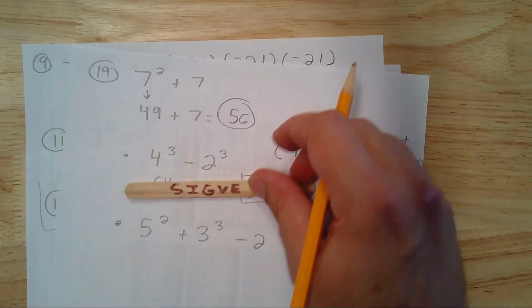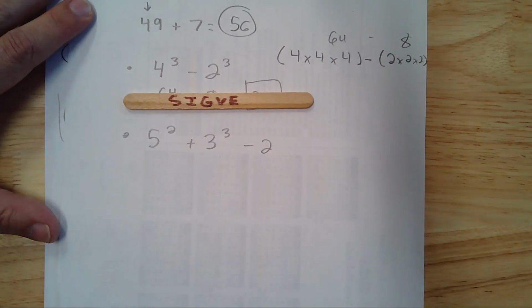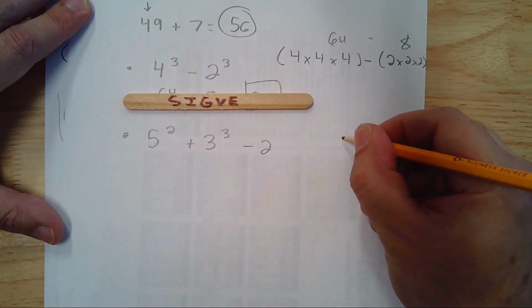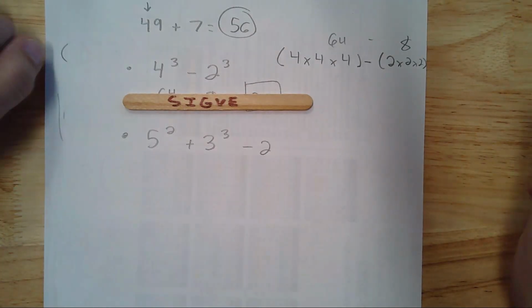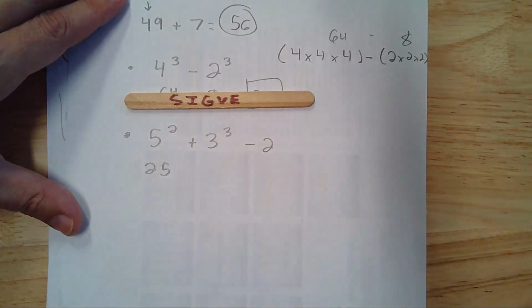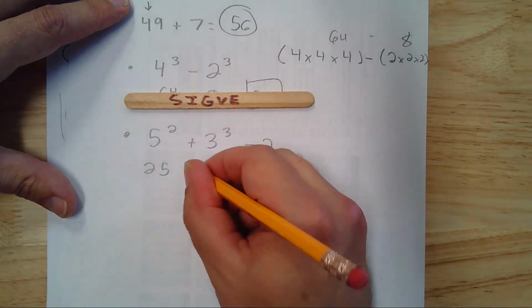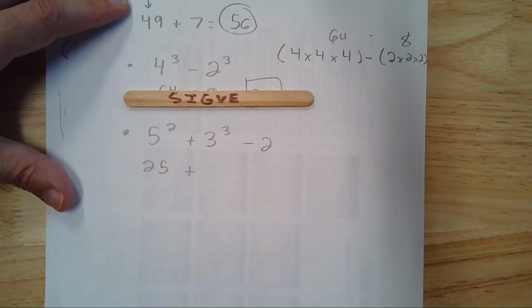Okay, other one. 5 to the second power equals 25. Then 3 times 3 equals 9, and then 3 times 9 equals 27.